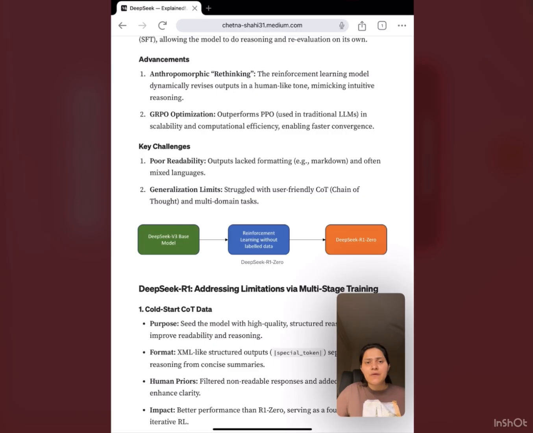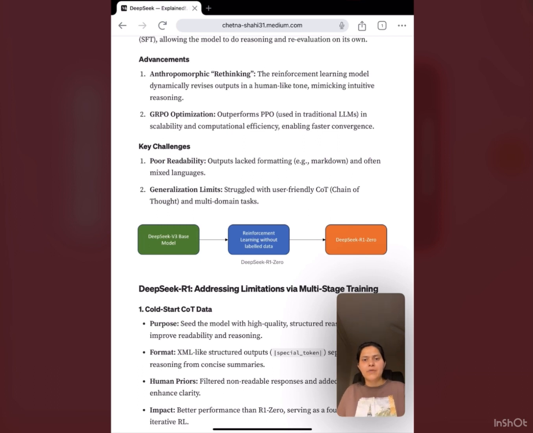All of that is fine, but there were still challenges with the output. What were the challenges? The first was that the reasoning the model was doing would end up mixing languages. It would not always be just in English. There would be other local languages also, and that would end up giving a not so good experience to the users.